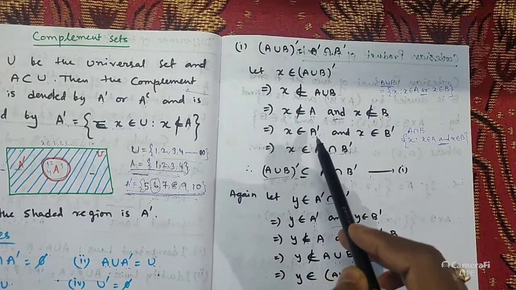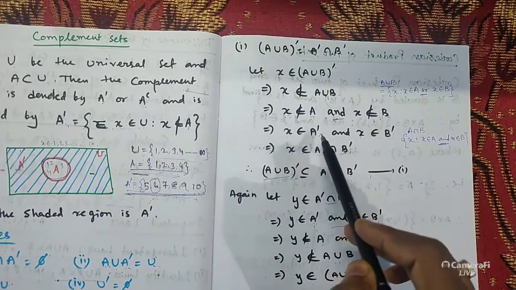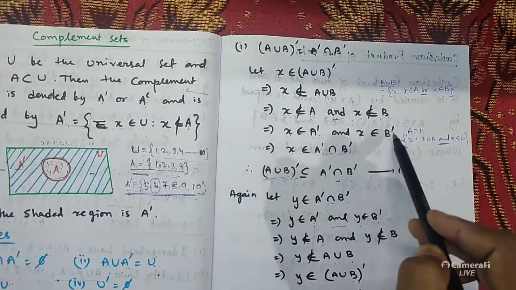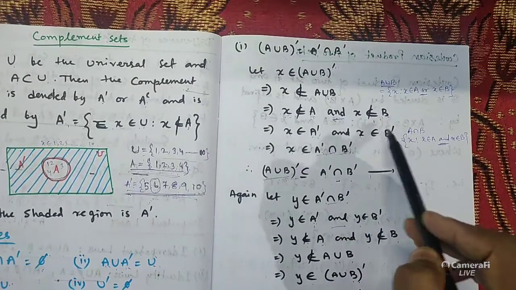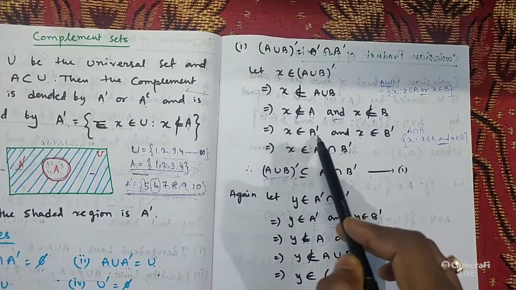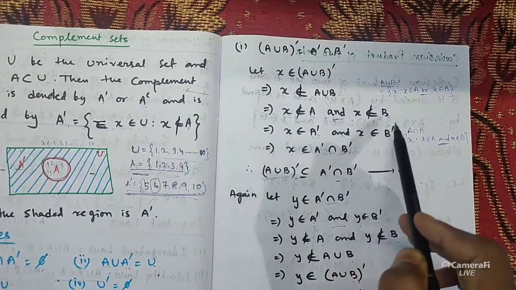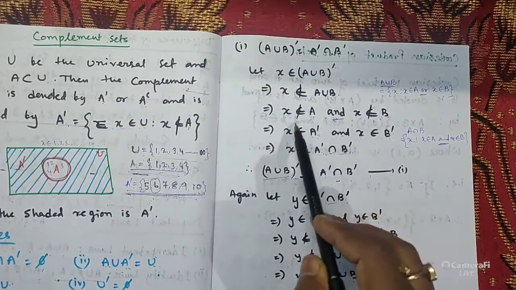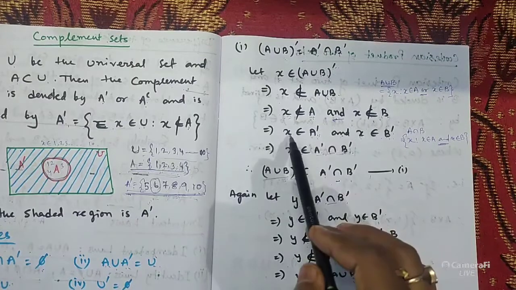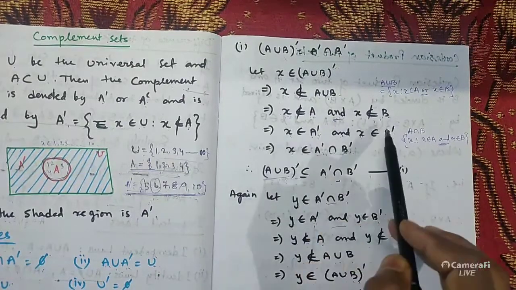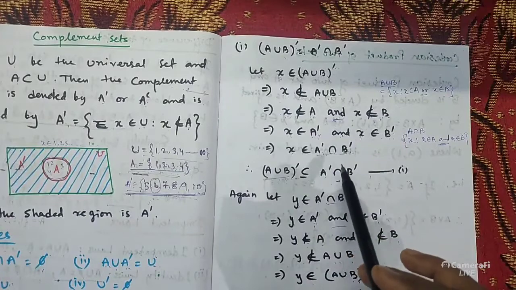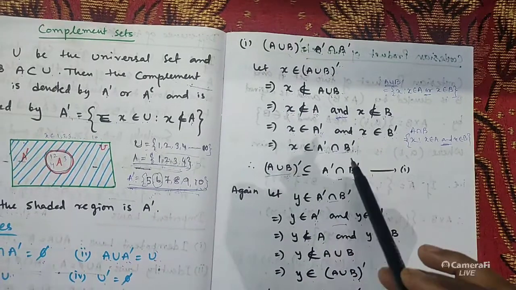It will belong to A complement. So x belongs to A complement and x belongs to B complement. Now if x belongs to A complement and x belongs to B complement, and means intersection, common, x belongs to both A complement and B complement, so x belongs to A complement intersection B complement.